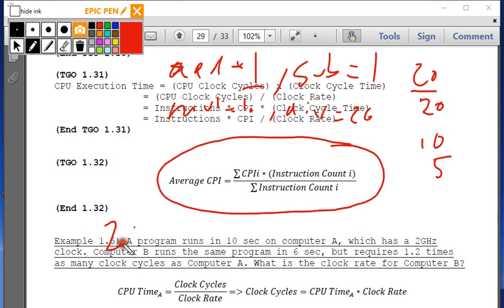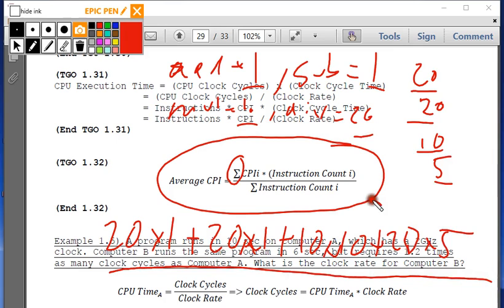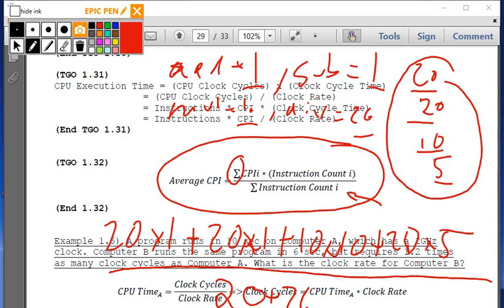So this would be 20 times 1 plus, because it's a sum, 20 times 1 plus 10 times 10 plus 5 times 20. And then here we have just the sum of the instruction counts, which is this. So this just becomes 20 plus 20 plus 10 plus 5.